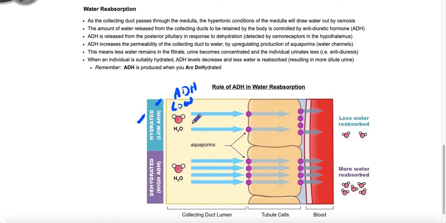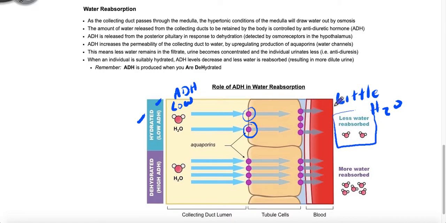So if you have low amounts of ADH, that means that this water that is found in the collecting duct lumen is not going to leave your body as much, because the regulation of the aquaporins is going to be limited. So if a person is hydrated, there's low ADH, which means little water is going to get reabsorbed, because only a few aquaporins are opened. So less water is reabsorbed back into your blood.